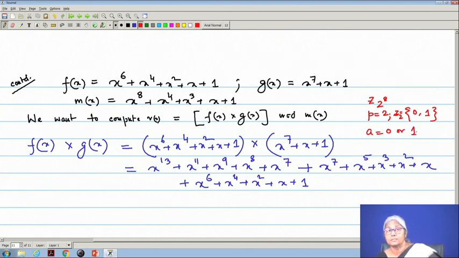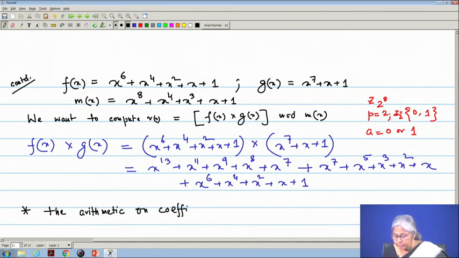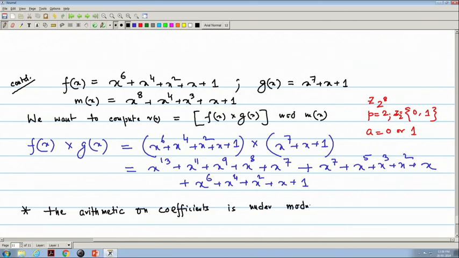Since it is Z 2, one thing we remember is that the arithmetic on coefficients is under modulo p.